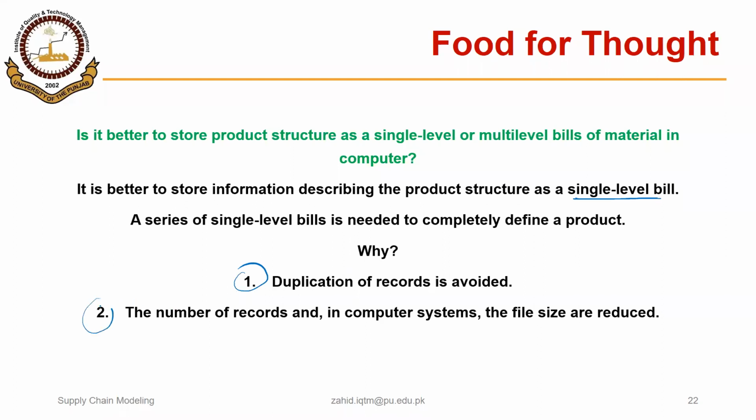Secondly, the number of records and, in the computer system, the file size are also reduced. We can come back to this point if it is not clear. And the final point is that updating of bill of material is simplified. That is something that we discussed with the help of an example of the bill of materials of two tables.